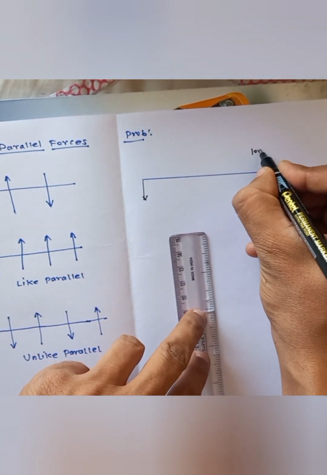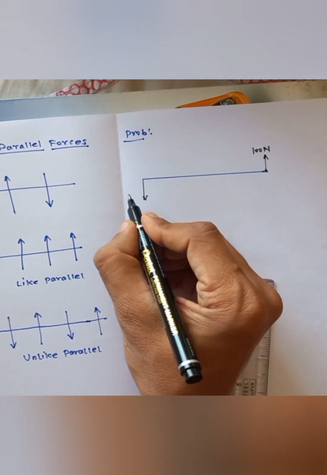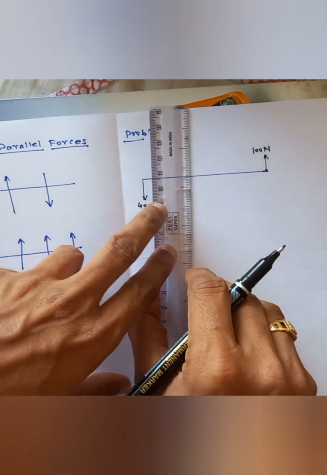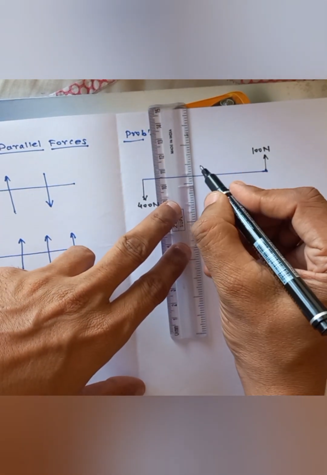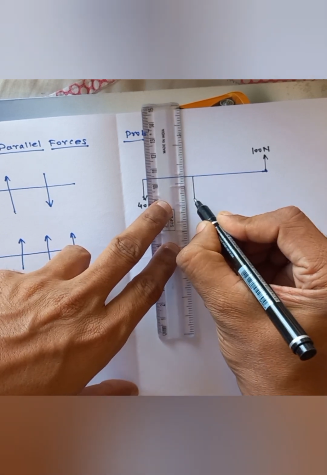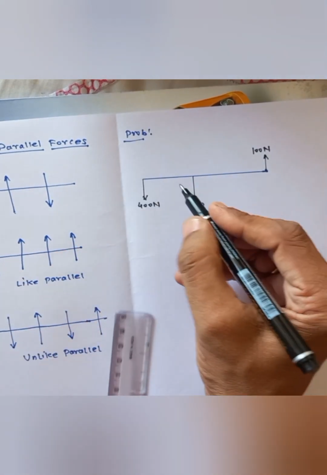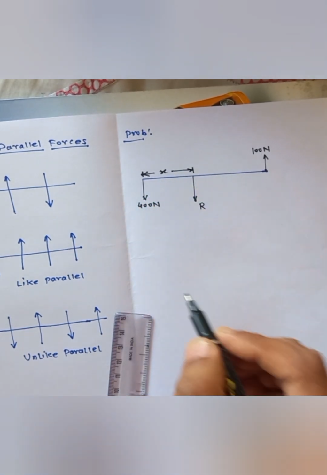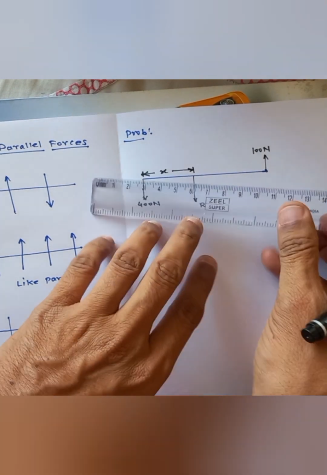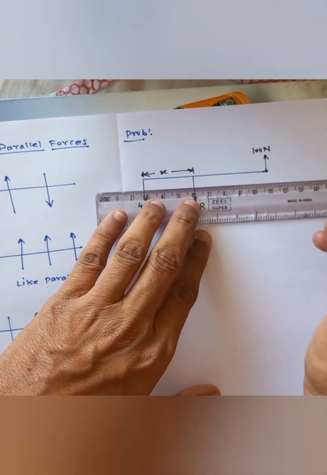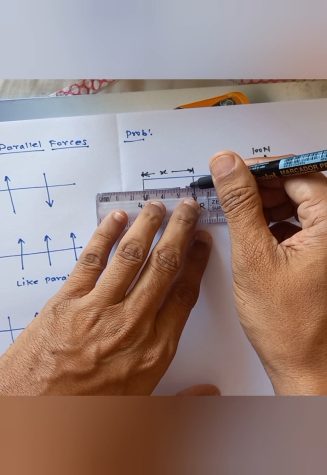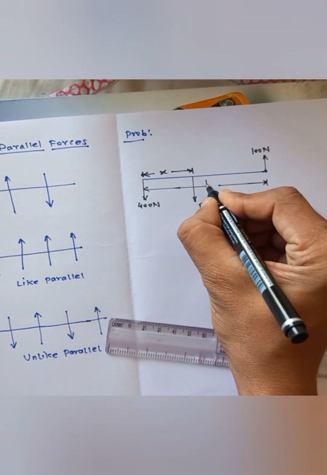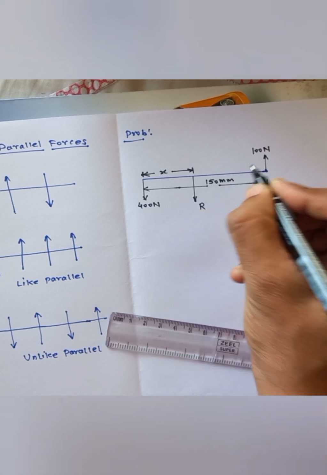This force is upward 100 Newton. This force is downward 400 Newton. And they have also shown the resultant force direction at a distance x, and the distance between these two forces is given, that is 150 mm.